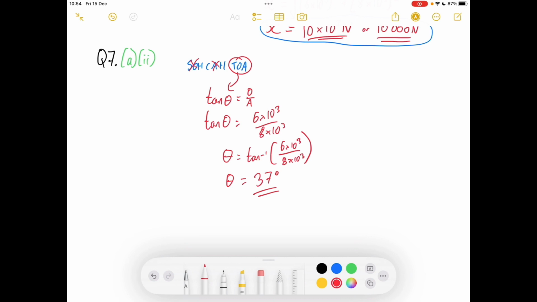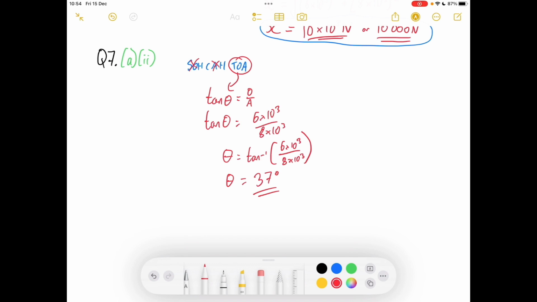Now, you don't need to convert it to a bearing in this one, because it doesn't really ask for a bearing. It asks just for an angle relative to a force. When we've got forces, forces can be given in angles, like we've got here. Directions in regards to distances or displacements, well, they need a bearing.